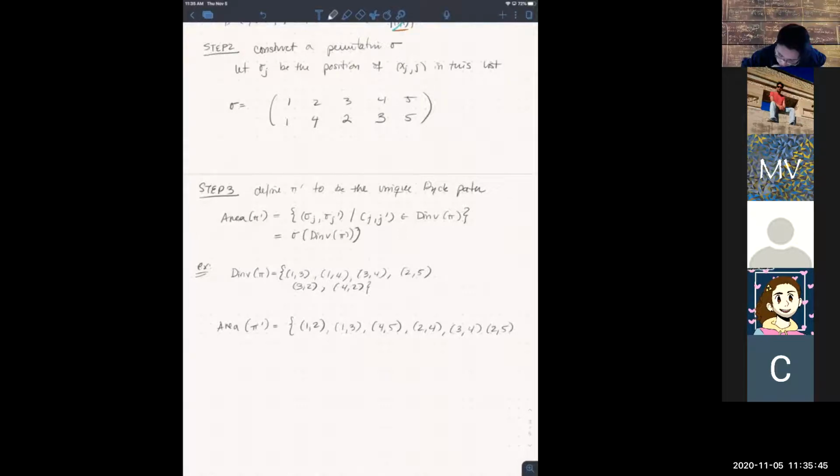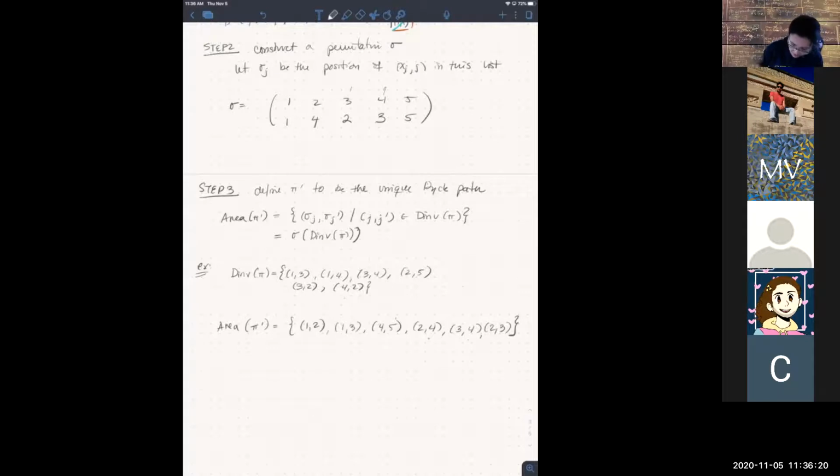Wait, isn't 3, 4, 2, 3? 3, 4 is 2, 3. Yes, it is. Which I still don't have. 2, 3. 2, 5 is 4, 5, which is here. 3, 2 is 2, 4, which is here. And then 4, 2 is 3, 4, which is here. There we go. Okay, this is it. So I knew I was missing one. Great. So there you go.